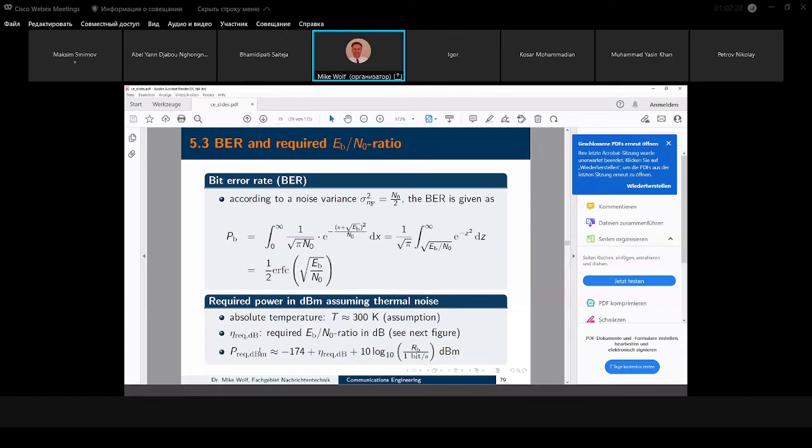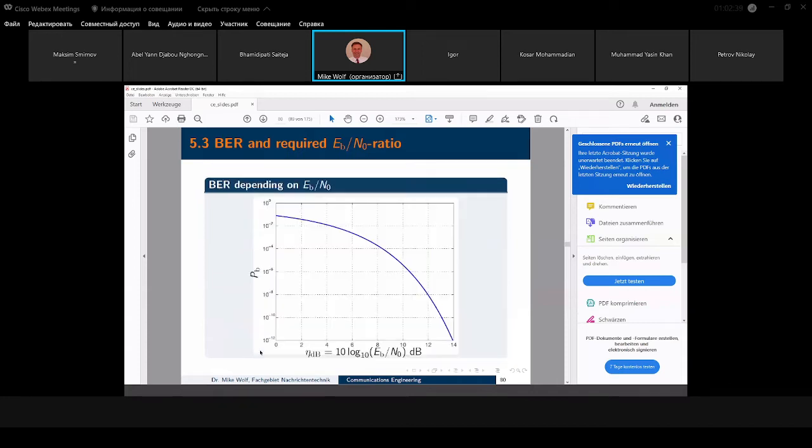Now I insert thermal noise at the temperature. Here you can see the bit error probability versus E_b by N_0, also in dB. So I take the logarithm of this ratio and multiply by 10 because it's a power ratio and not an amplitude ratio.